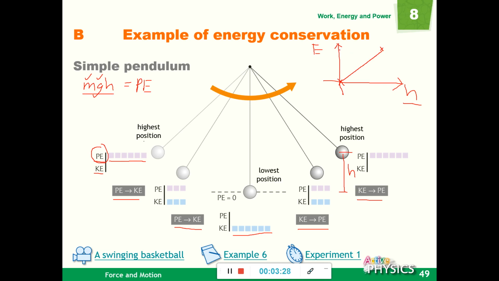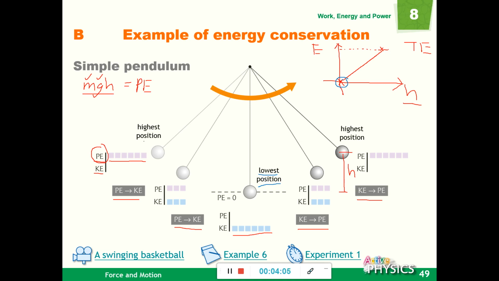And also, we know that PE and KE, you can add them together to be total mechanical energy. So it means that this line should be total energy. I change the color. For the blue one, will be KE. When H is 0, it means that the lowest position, KE will be maximum, but PE is 0.